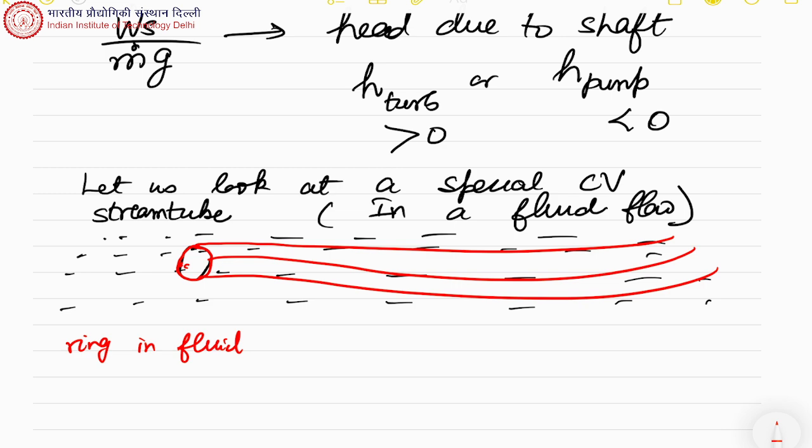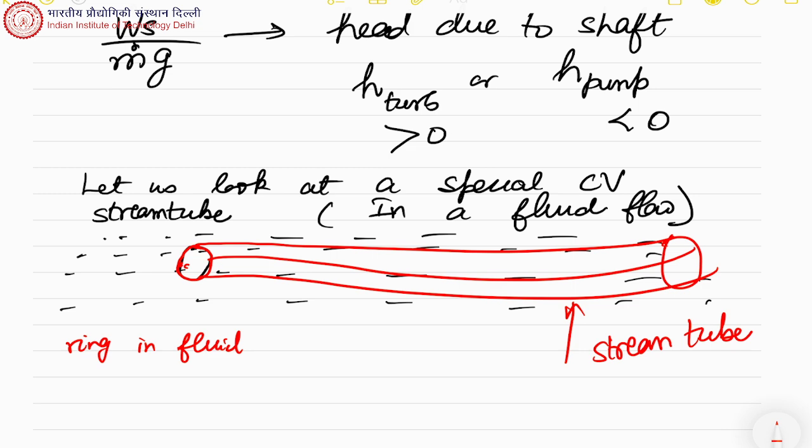So the control volume consists of the ring and the streamlines, and you follow the streamlines. On the other end, also you will have a ring. Obviously, the shape of the two ends may not be the same. So it's a streamline following from each of the points on the surface, and this is what we call a stream tube. So this is our control volume, which is a stream tube.